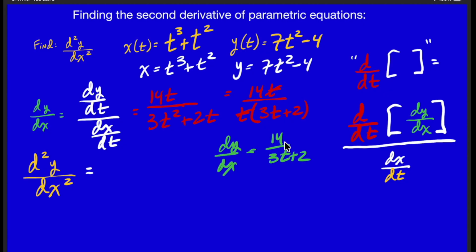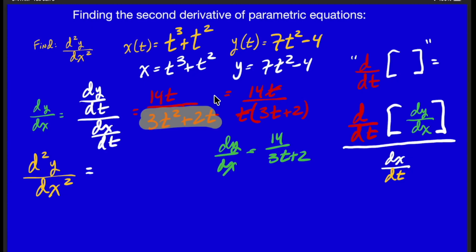Okay, for part 2, folks, we're going to apply the d/dt operator to dy/dx, and we're going to keep that dx/dt the same. We're not going to use this version where we cancel things out. We're going to take this original version right here. So let's execute that plan.